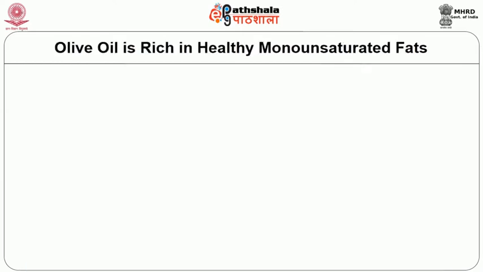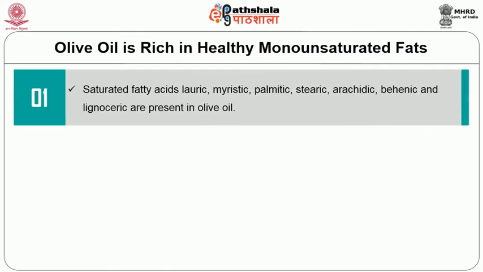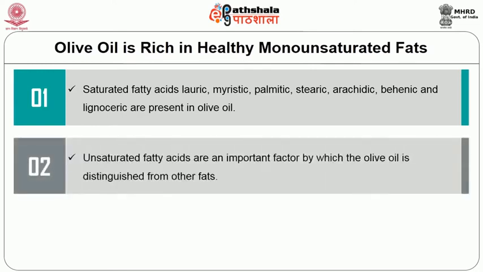Now, let us move on to olive oil to see the monounsaturated fat content. Saturated fatty acids, lauric, myristic, palmitic and lignoceric are present in olive oil. Unsaturated fatty acids are an important factor by which the olive oil is distinguished from other fats.